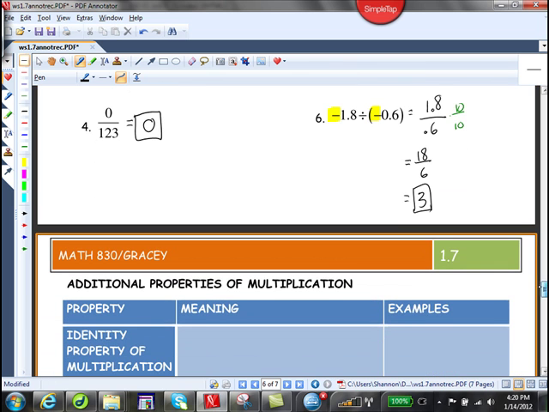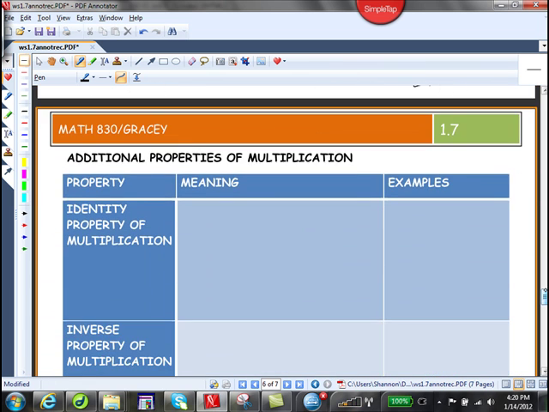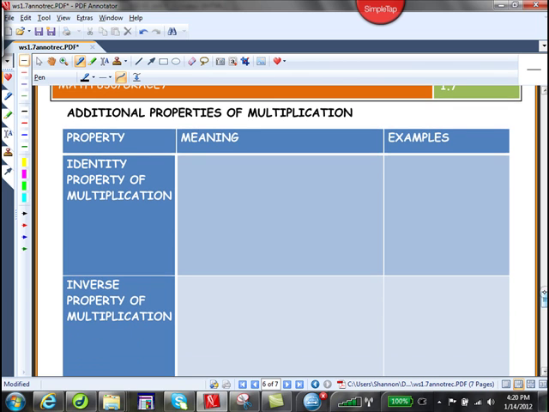All right, so let's take a look at what we have going on here. Here's some additional properties. So the identity property of multiplication: 1 can be deleted from a product. So if I have 1 times x, that's just equal to x.